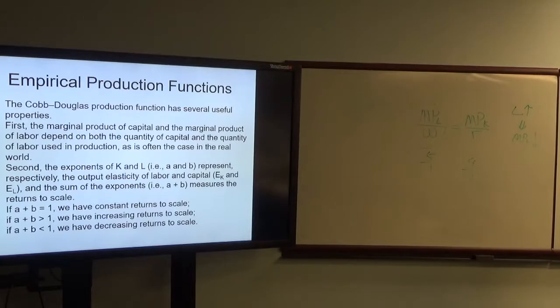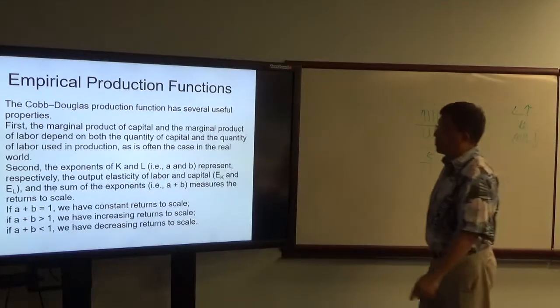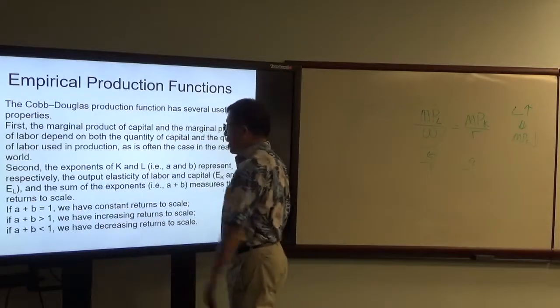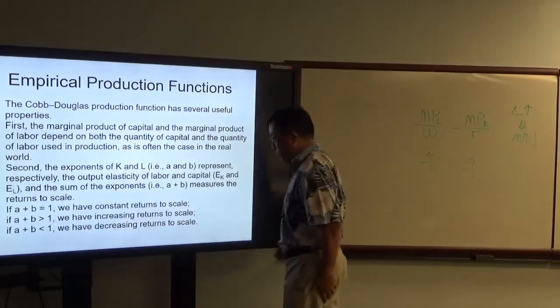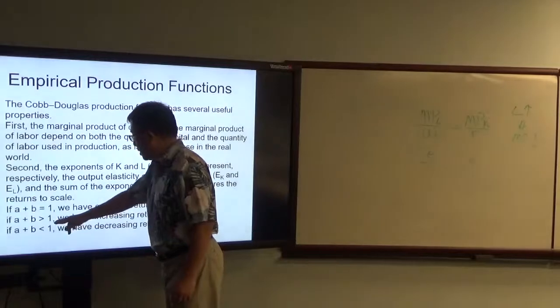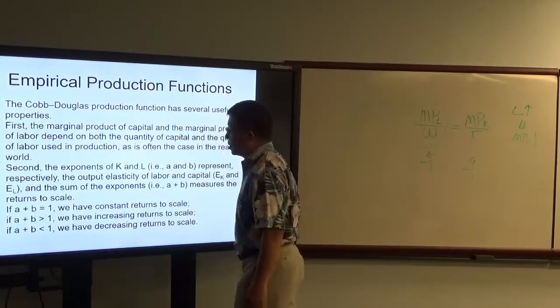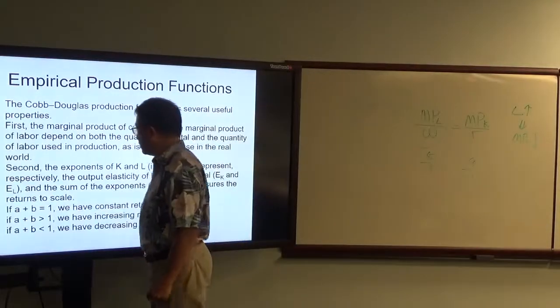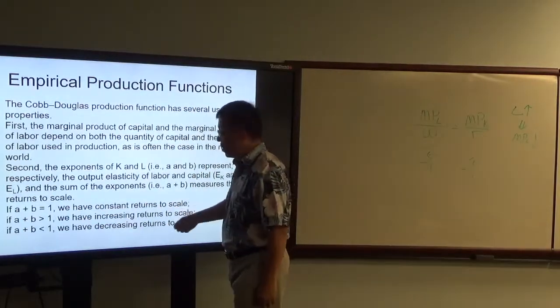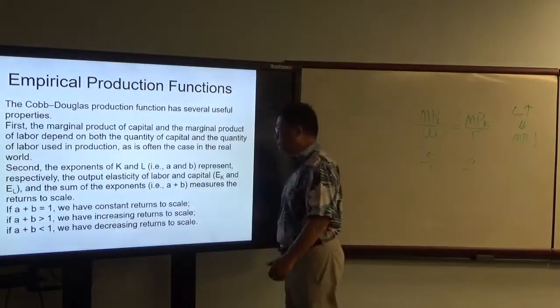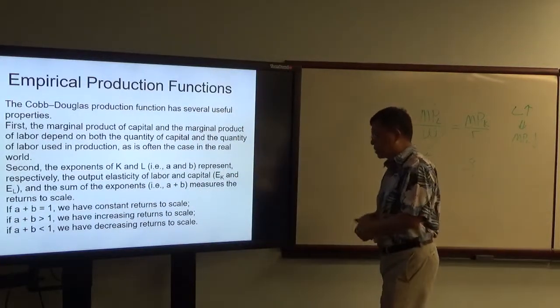And A plus B will determine what? Constant returns to scale, increasing returns to scale, and decreasing returns to scale. So if A plus B is equal to 1, constant returns to scale. If it's greater than 1, then we'll have increasing returns to scale.